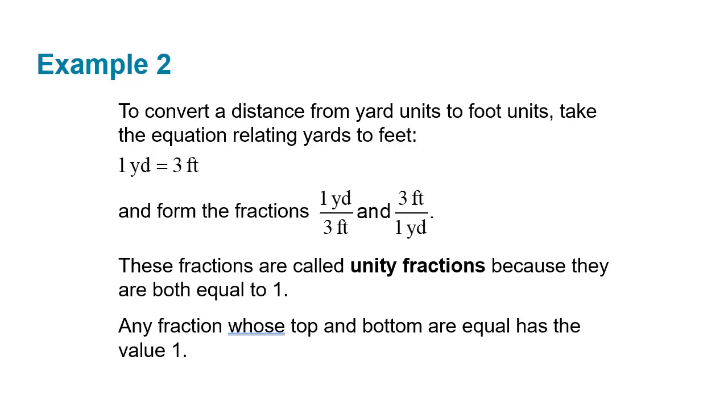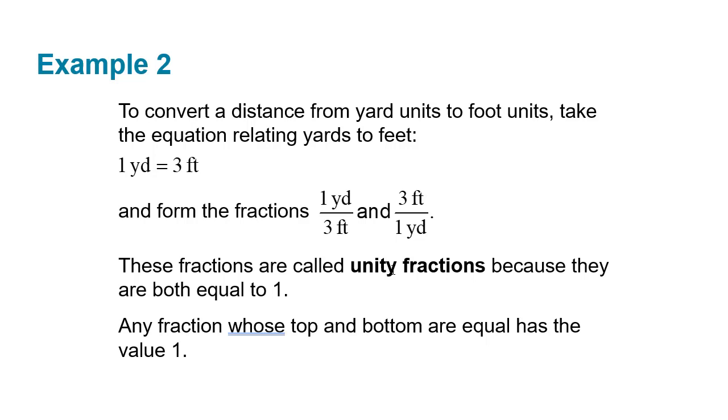So for instance, we know that the conversion is 1 yard to 3 feet. And so we can form fractions of 1 yard over 3 feet to get the yard to feet as being 1/3, and 3 feet to 1 yard being the 3 to 1. And these are called unity fractions because technically these fractions still equal 1, i.e. unities not meaning together, unities meaning a single unit, right?